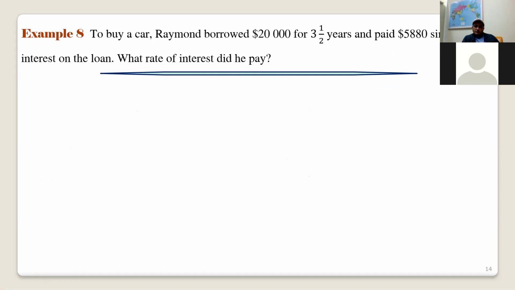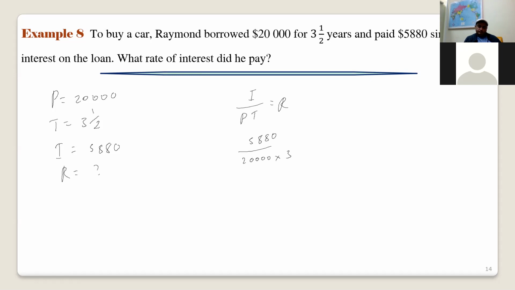What rate of interest did he pay? $20,000 times simple.